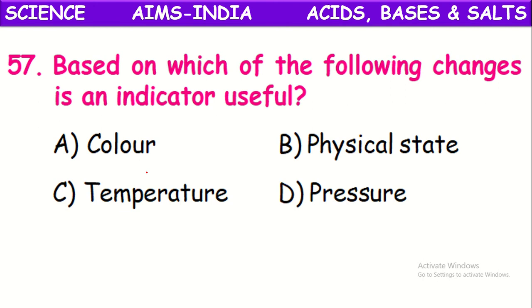Generally, indicators are used to detect acids and bases by changing their color. We use phenolphthalein, methyl orange, litmus, and turmeric as indicators. These all show different colors with acids and bases. Different color changes they will show.